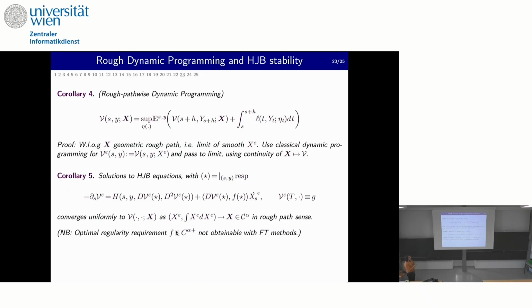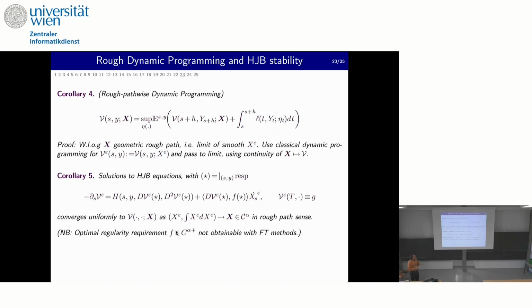And the estimates we had tell you that these HJB equations are actually robust here in the rough path sense. So this is also a result we did with analytic methods and flow transformation with Oberhauser many, many years ago. But now this gives you a direct proof with the stochastic picture behind the scenes. So much improved regularity assumptions compared to these flow transformation methods.